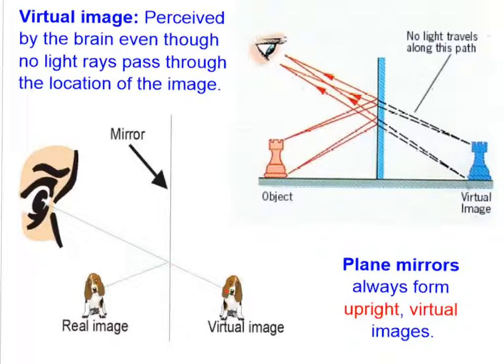This gray line represents an imaginary light ray that is forming the virtual image, because no real light rays are actually hitting that image right there. This is another way to represent that, with dashed lines forming those virtual rays. They don't really exist. No light is actually traveling along that path, but your brain is perceiving it that way. Plane mirrors always form upright, virtual images.